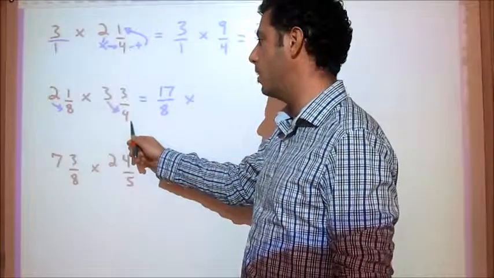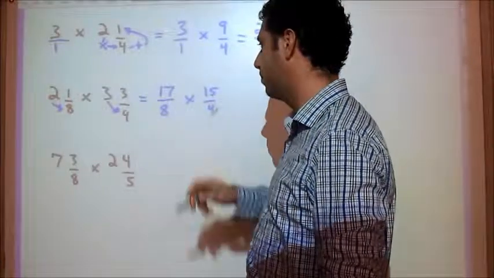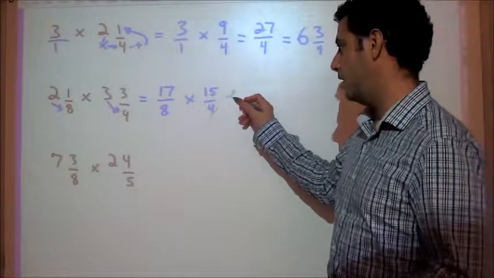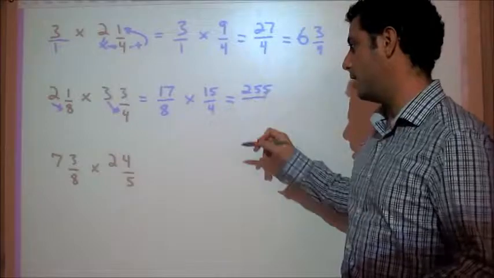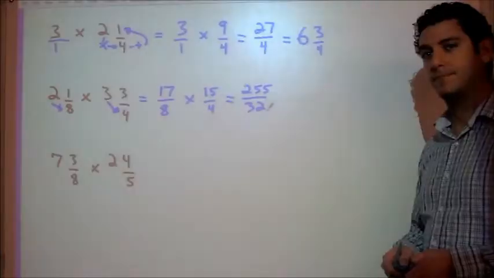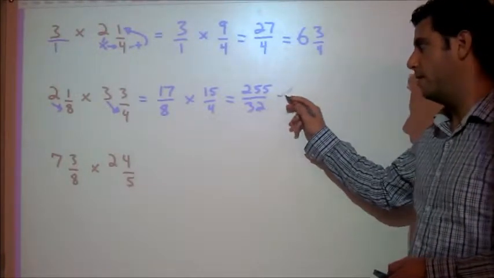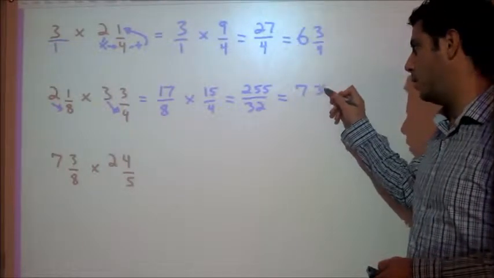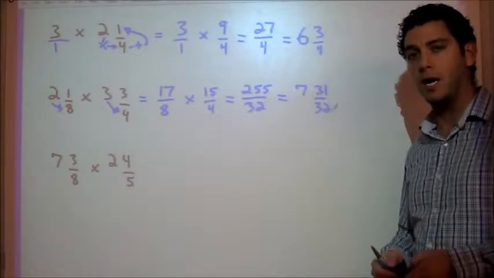So 3 times 4 is 12, plus 3 would be 15 over 4. 17 times 15 is 255. And 8 times 4 is 32. Now 32 goes into 255 7 whole times, and 31 over 32. So very close to 8 whole times.